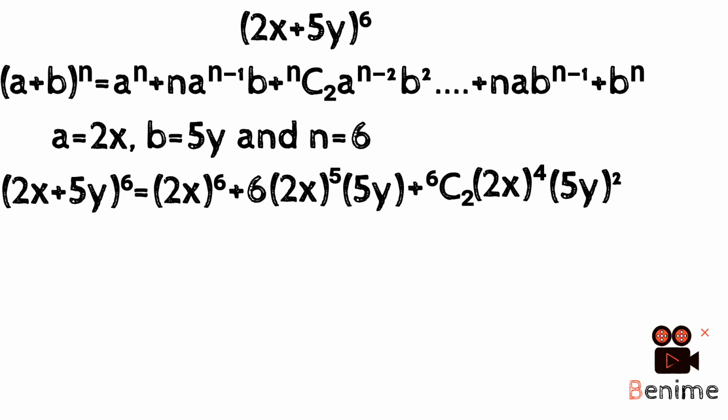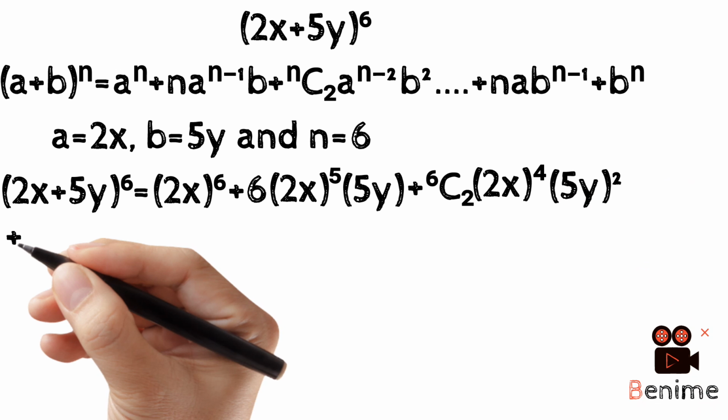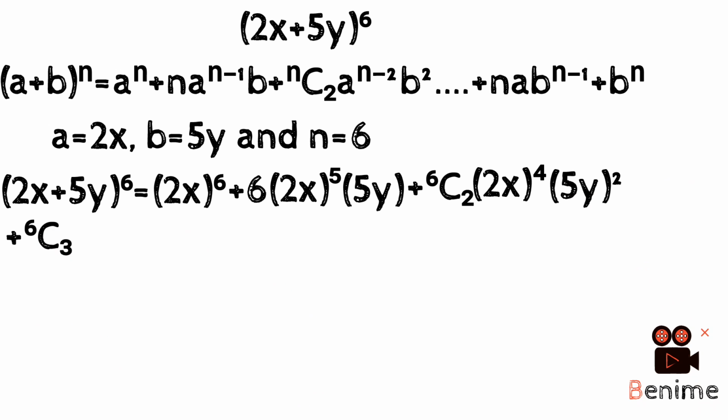Then the next term, you keep on going, you keep on increasing your combination from n combination 2, you get to n combination 3, n combination 4, and so on. So this is n combination 3 now. That will be 6 combination 3, because n is 6.